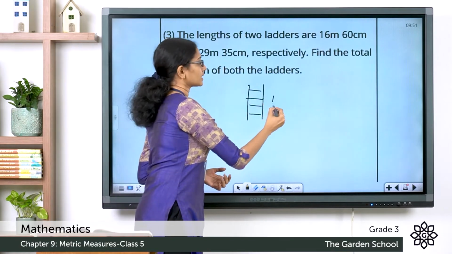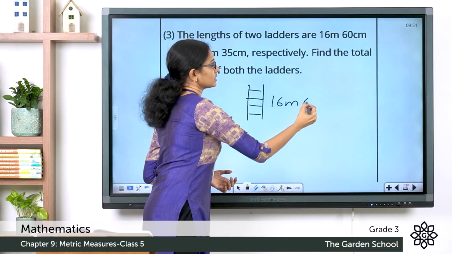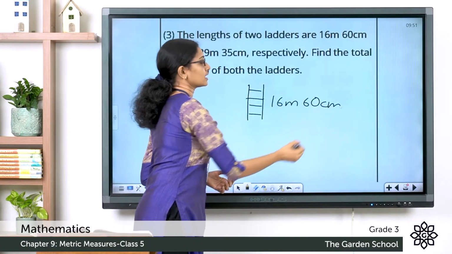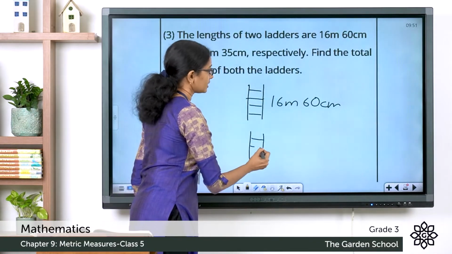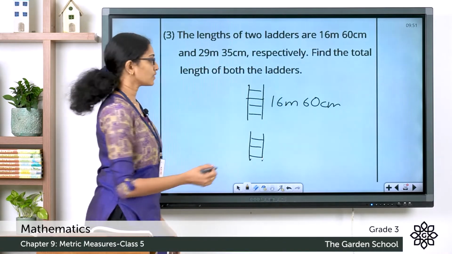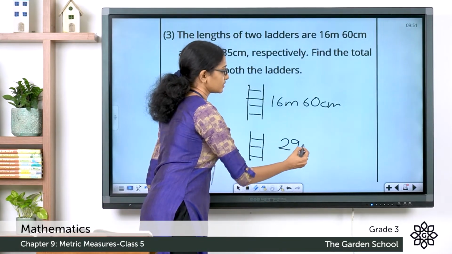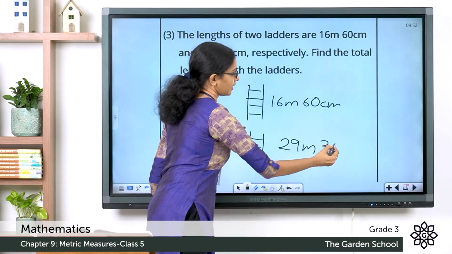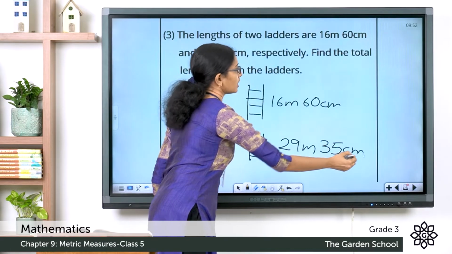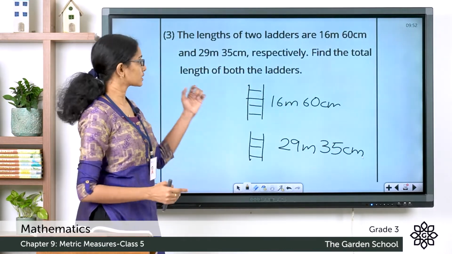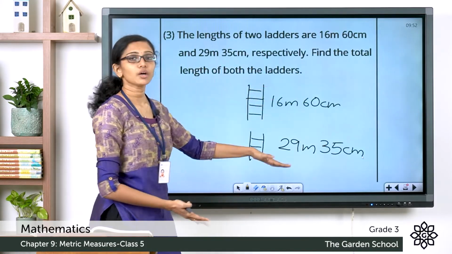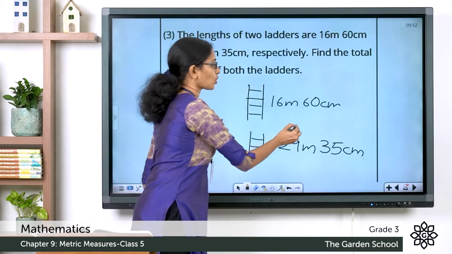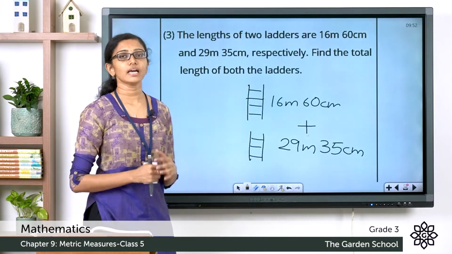It has got a length of 16 meter 60 centimeter. Then you have a second ladder, and let this be that second ladder, and it has got a length of 29 meter and 35 centimeter. Now you are asked to find out the total length of the two ladders. How would you find it out? You can add both the lengths to get the total length of both the ladders.